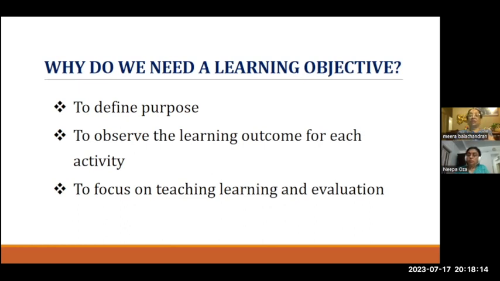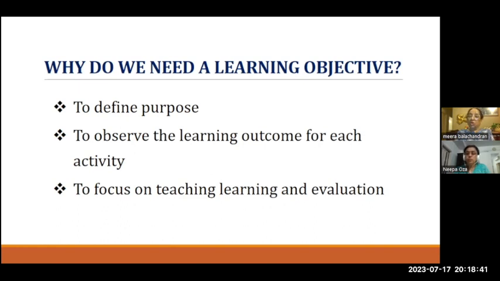As a teacher, you are a specialist in the subject. The child doesn't know, but you are a specialist who will ensure that every activity you take up has a learning objective, and that the learning objective will be achieved. After that, you will evaluate whether it has been achieved.